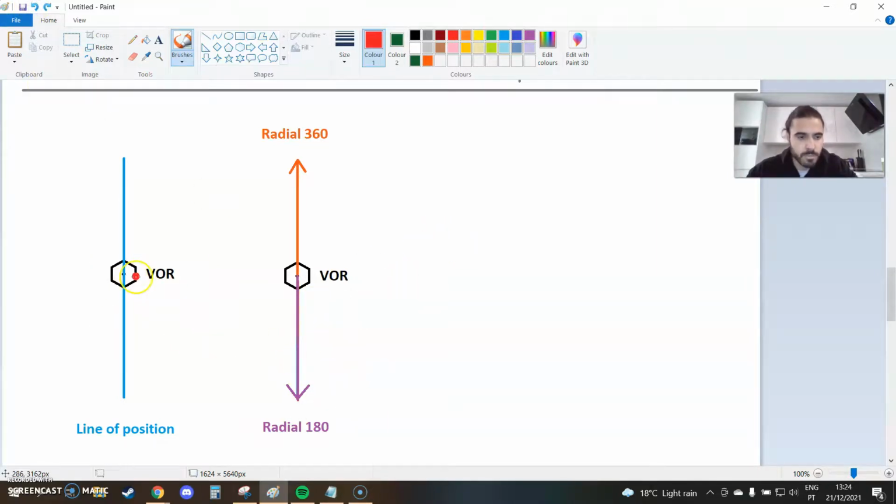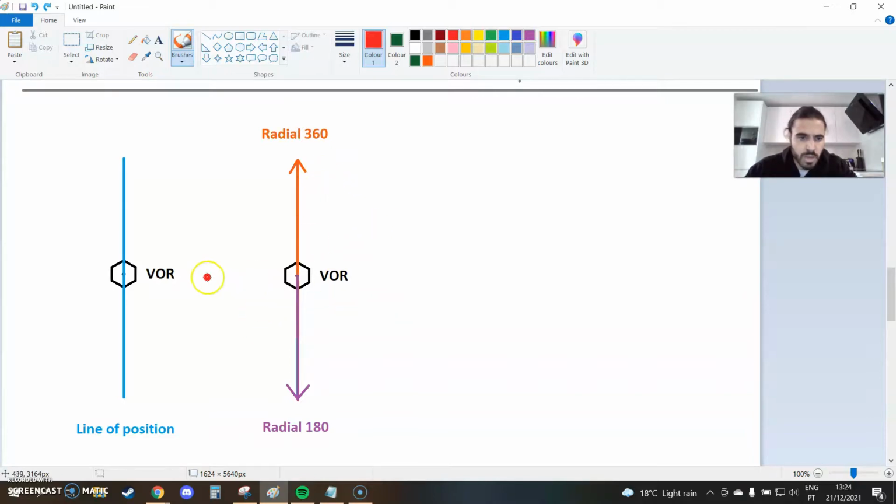So we can divide this line of position passing over a VOR into two lines of position. Every VOR has infinite lines of position in terms of degrees, mathematically speaking, of course, but for pedagogical purposes, to make it simple, we say that it has 360 radials.